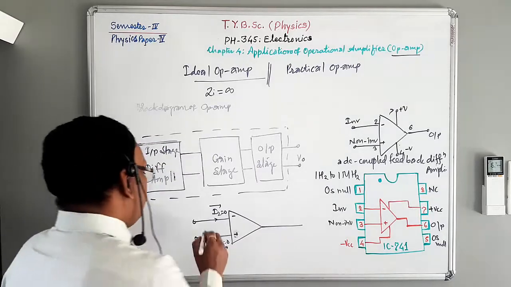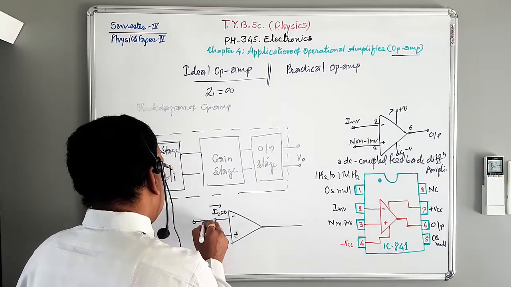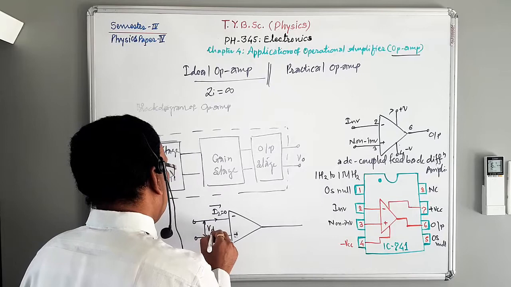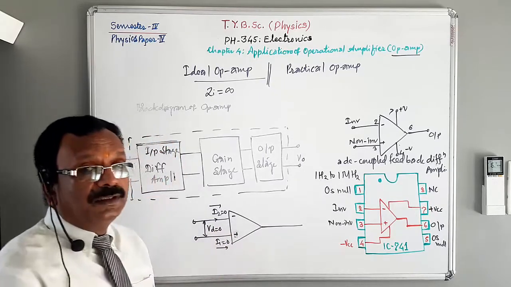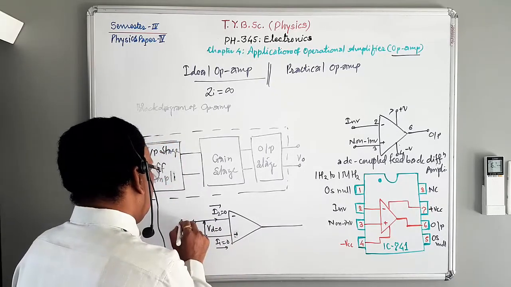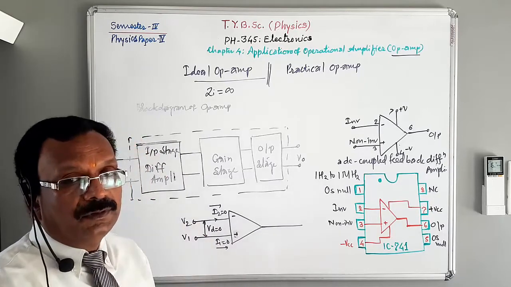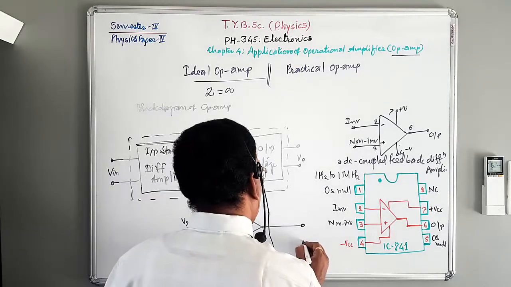Then the voltage difference between these two input terminals is 0. This is V1 and this is terminal V2, and here is the output.